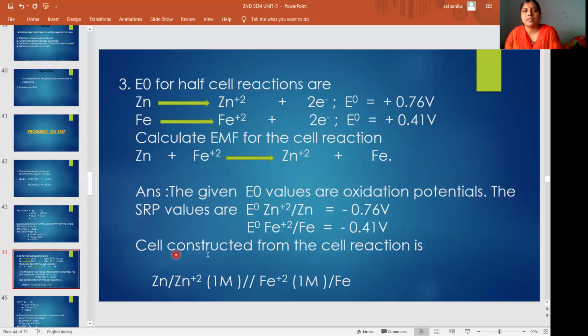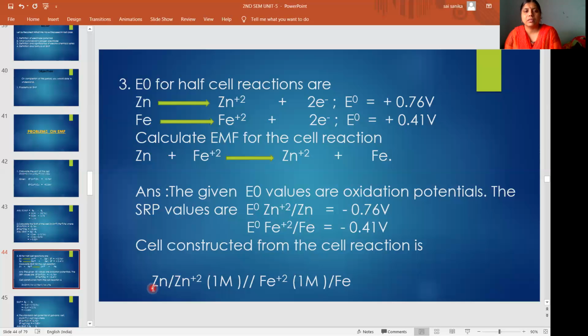Now, the cell constructed from the cell reaction. By this cell reaction, you can construct the cell. Here zinc is undergoing oxidation and iron is undergoing reduction. Always at the anode oxidation takes place, so zinc is the anode. Always at the cathode reduction takes place, so iron is the cathode.